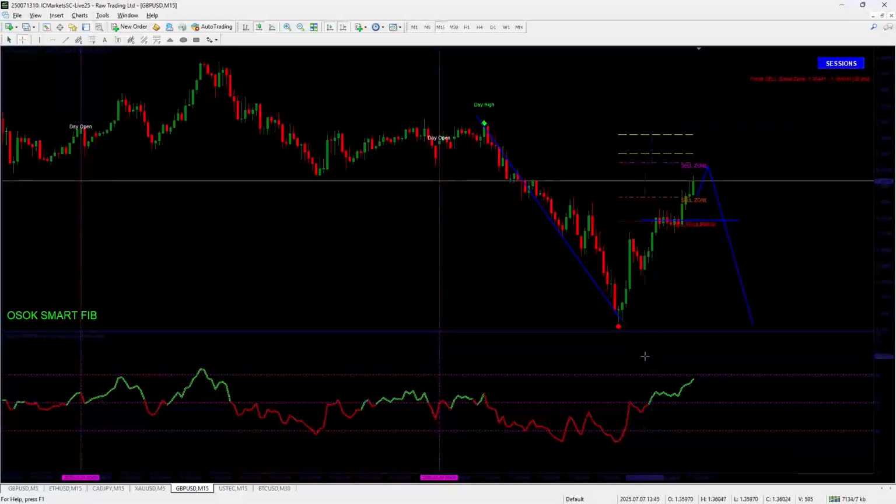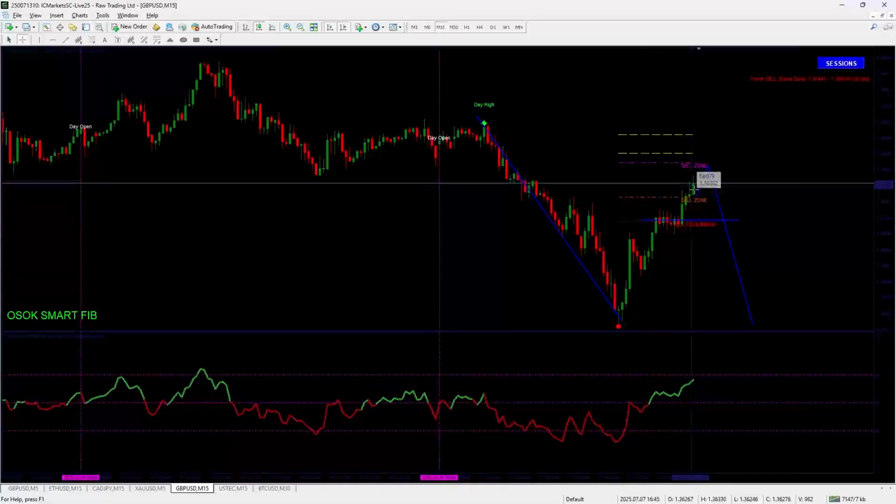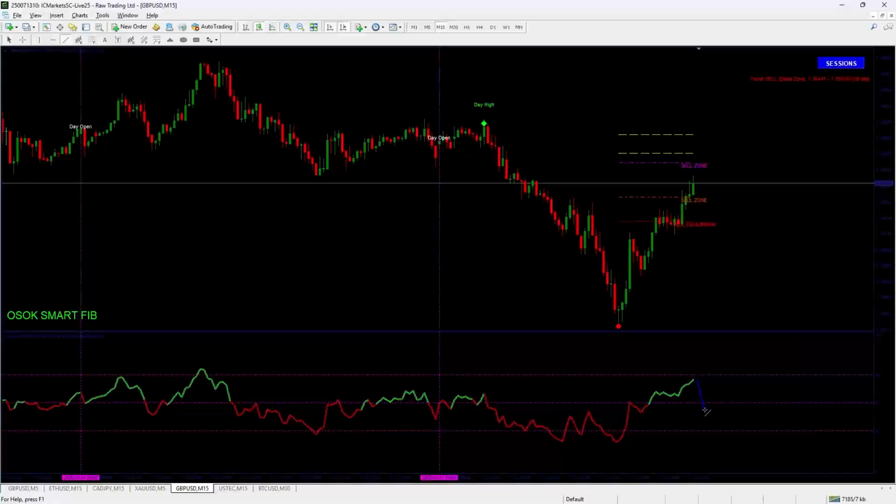So what we want is a setup that combines these two: this zone here and price entering into that space. Let me remove these lines here, and we formulate that. We want price to go above here and also do something like this.